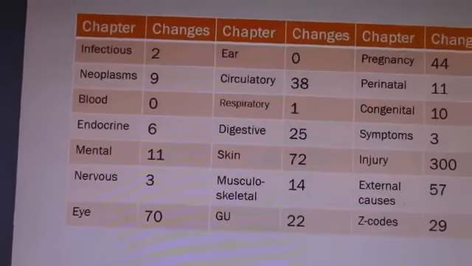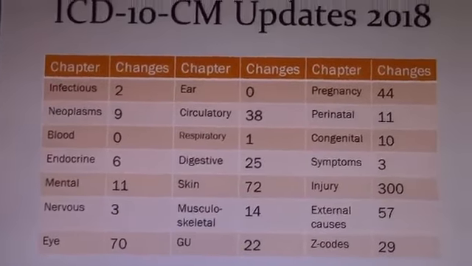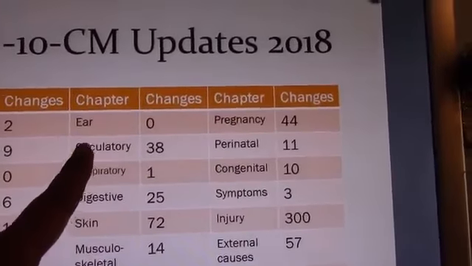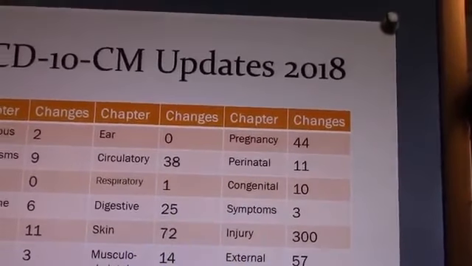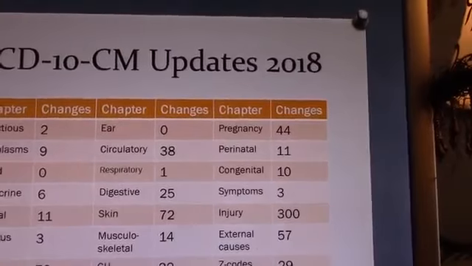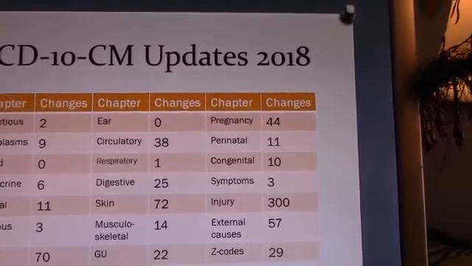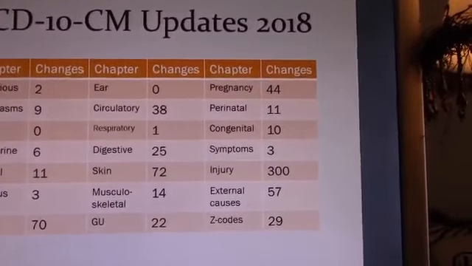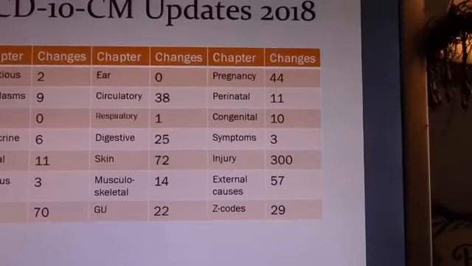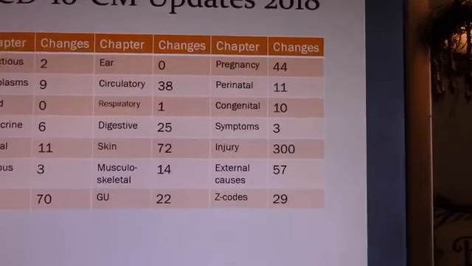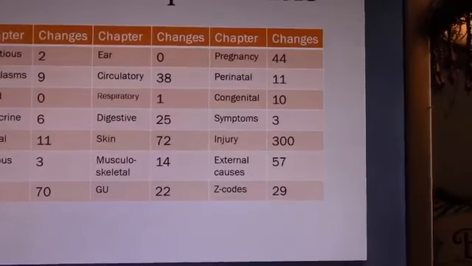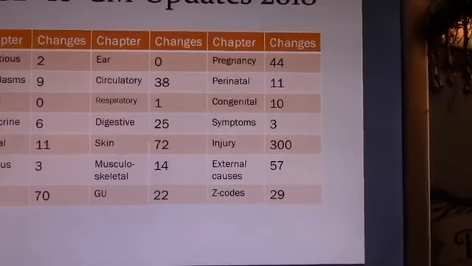The eye chapter had 70 changes. Moving on over. Ear, 0 changes. Circulatory, 38 changes. Respiratory, 1 change. Digestive, 25 changes. Skin, 72 changes. Musculoskeletal, 14. The GU, 22 changes.